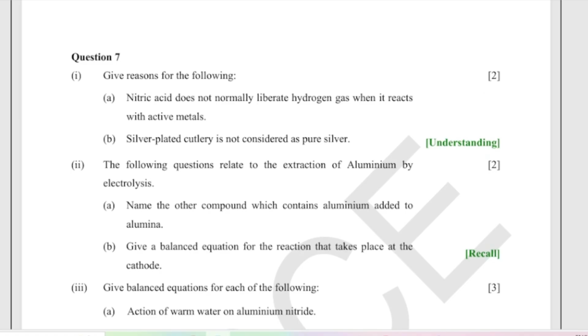Give reason for the following questions. Nitric acid does not normally liberate hydrogen because nitric acid is a strong oxidizing agent. Or you can write, nitric acid oxidizes hydrogen to water.